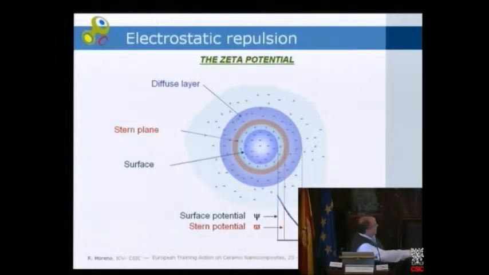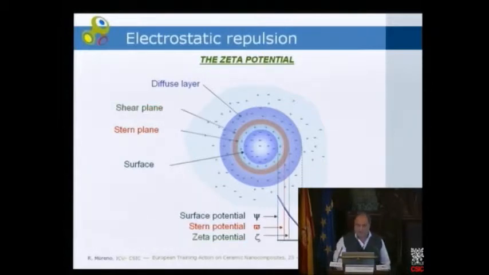We can have here the Stern potential as the potential in the middle of the adsorbed layer of counter ions. But we cannot measure this experimentally. We can measure the zeta potential, which is the potential at the shear plane, considered as that involving all the first layer of adsorbed ions, even when we have hydrated ions.